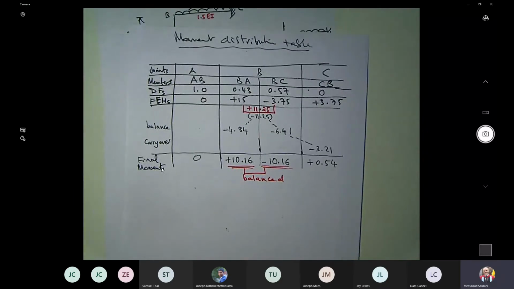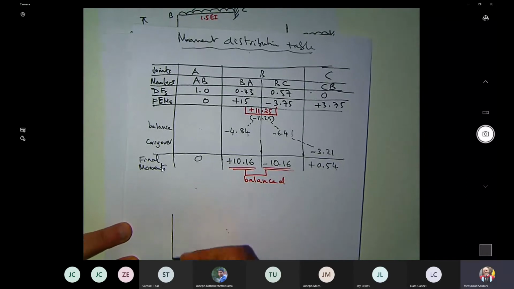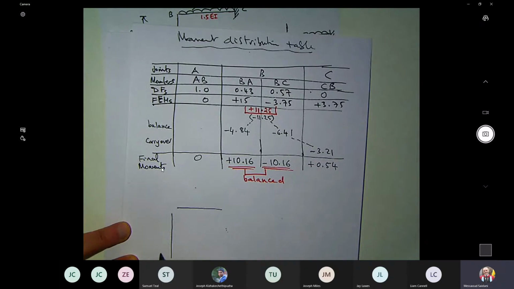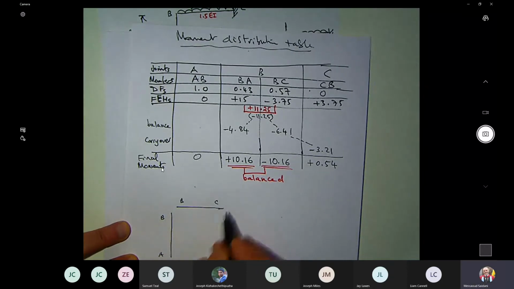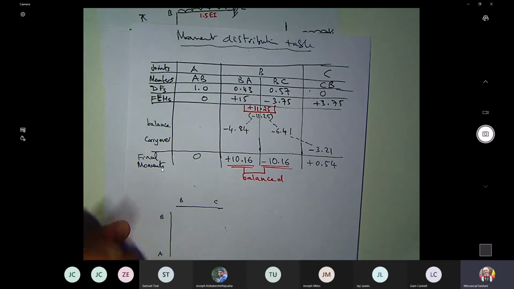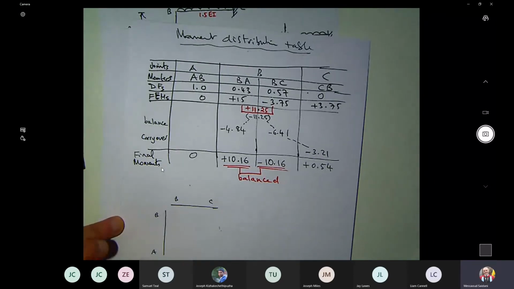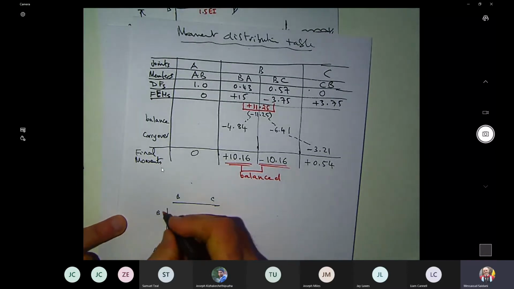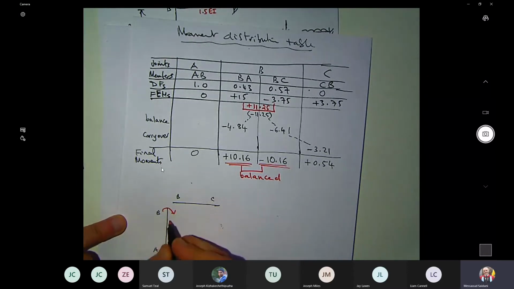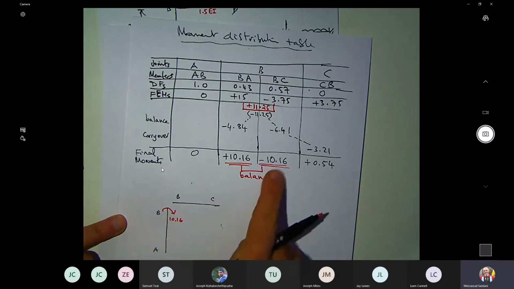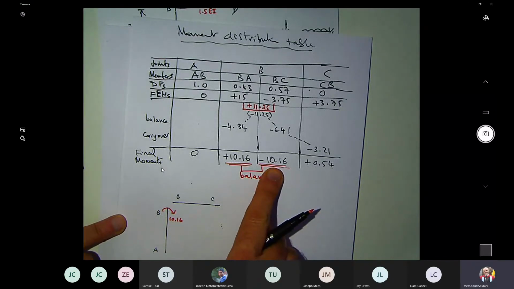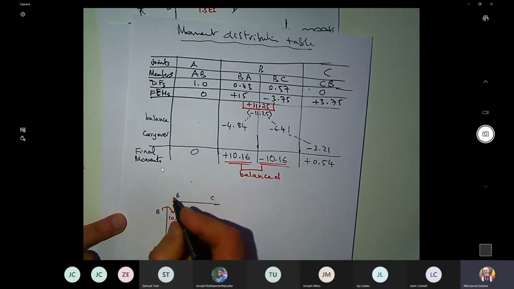So this is the frame. We have A, B, and C. We have 0 at A, no moment at A. We have positive 10.16 at B. We have minus, that's anti-clockwise, 10.16.